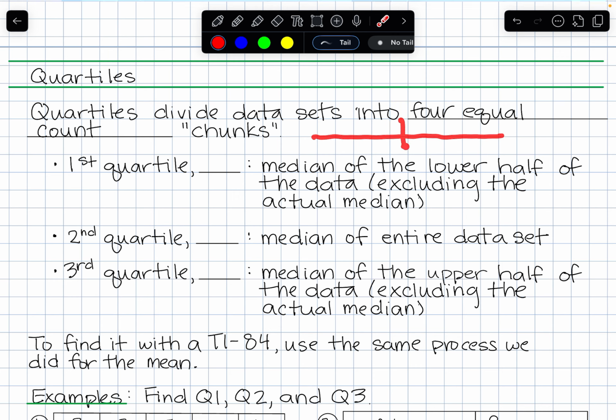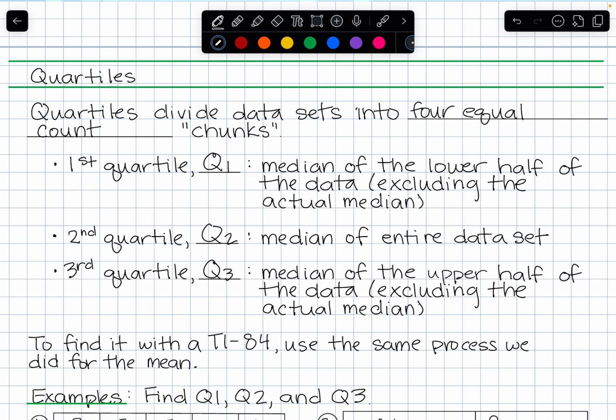Cut it in half, and then cut each half in half again. And you'll notice that's 3 dividers on that line. So I need 3 quartiles to divide my data into 4 chunks. I have a first quartile, Q1, a second quartile, Q2, and a third quartile, Q3.